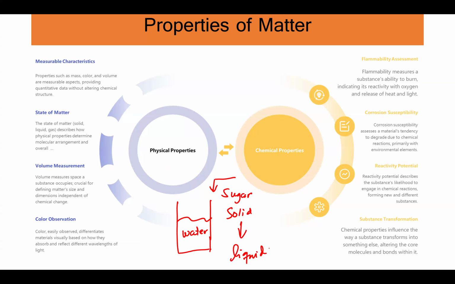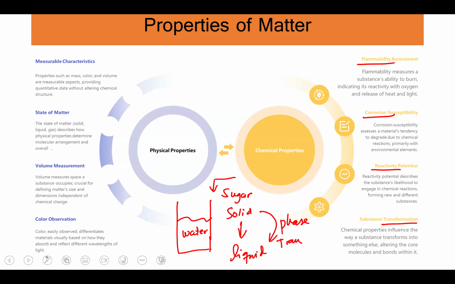So there is a phase transformation, meaning it's transformed from solid to liquid. So phase transformation, reactivity, corrosion, and flammability are some examples of chemical properties.